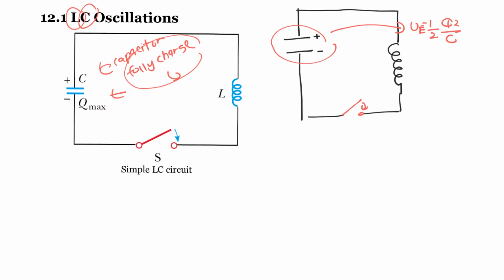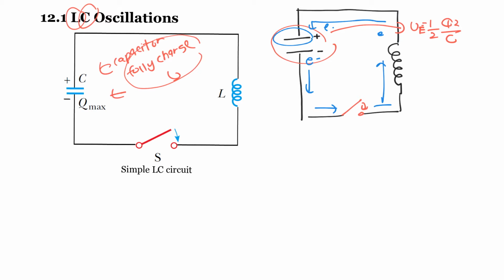definitely there will be a current flow. Once you close the switch, the capacitor starts to discharge. This means the electrons start to move in this direction, because they are attracted to the positive plate.